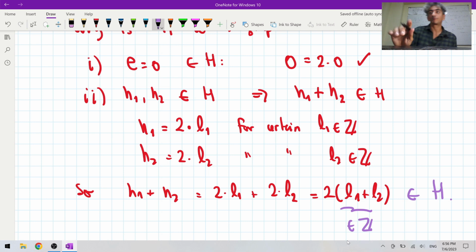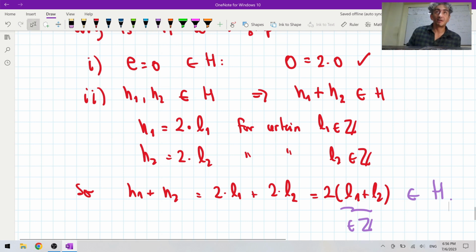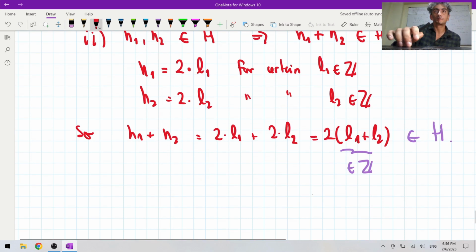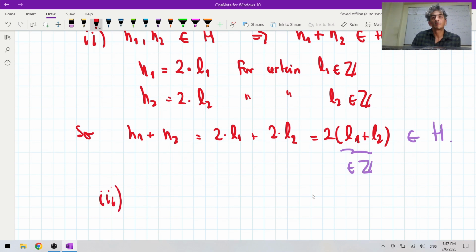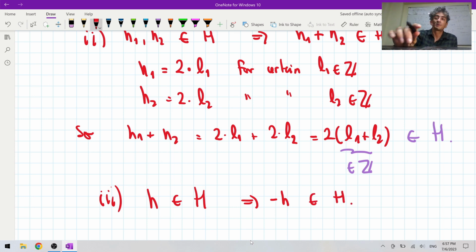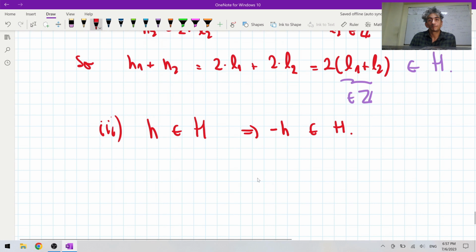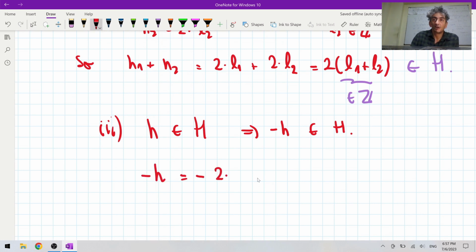Okay? And lastly, if h belongs to H, then its inverse, minus h, also belongs to H. And this is easy, because minus h is minus 2 times l for certain l, and this is 2 times minus l.